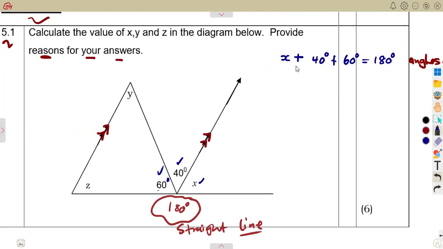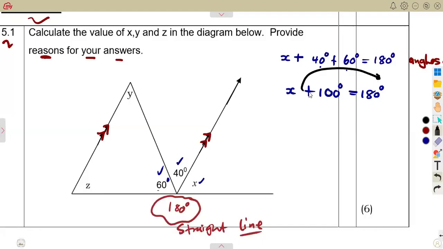Remember our equations. This is an equation where the left-hand side is equal to the right-hand side. All right, let us just combine our left-hand side. We've got 40 plus 60. That is going to give us 100 degrees, which is equal to 180. We can simply subtract this 100 because you are adding, or you can take it to the other side of the equation.